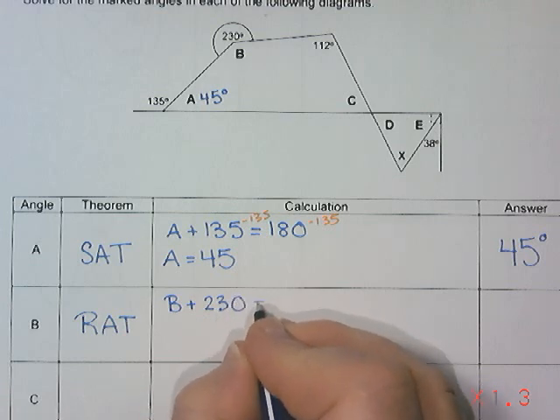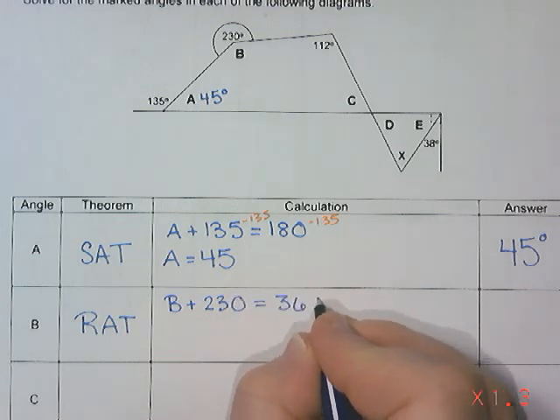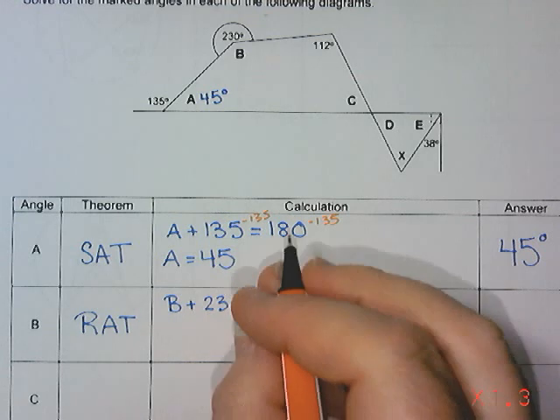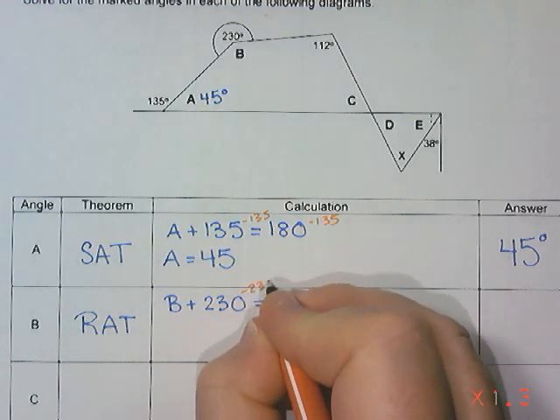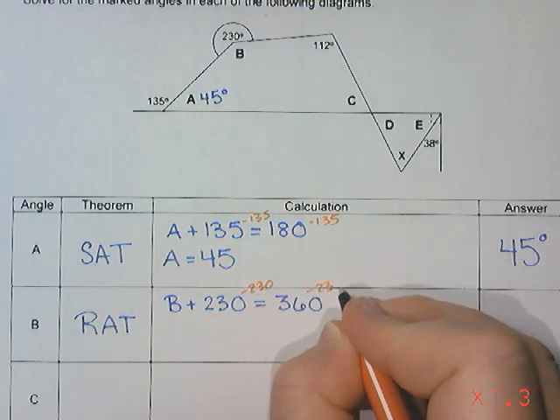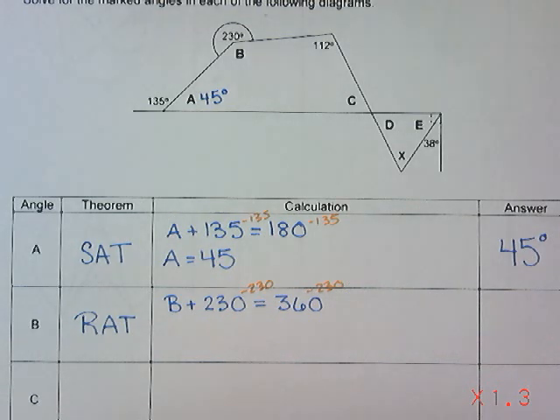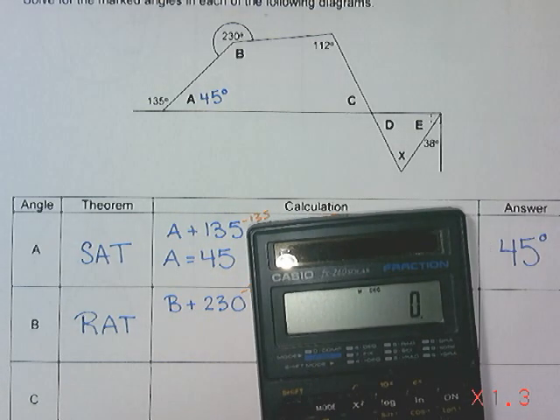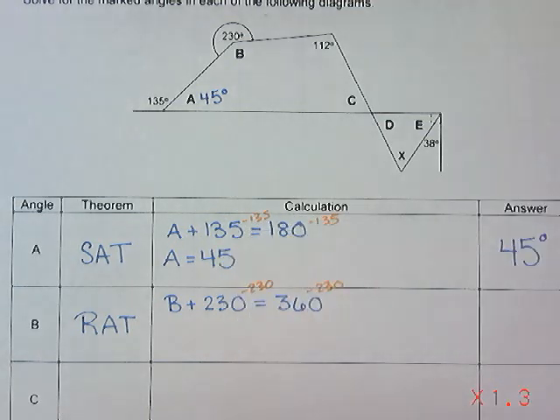So B plus 230 equals 360. And then I would subtract 230 from both sides. And then 360, take away 230, is 130 degrees.